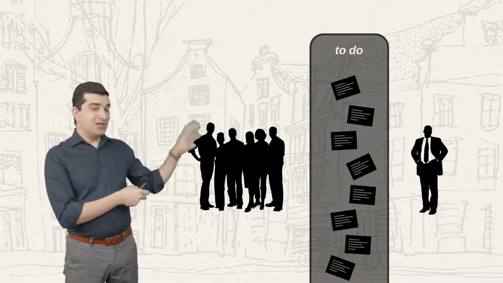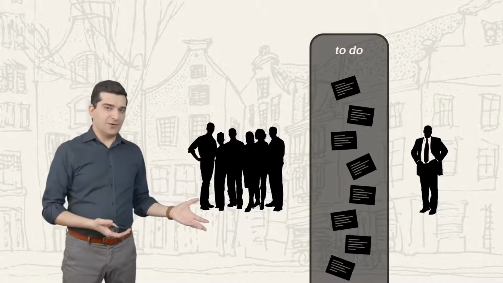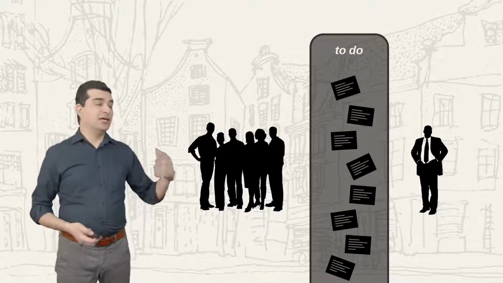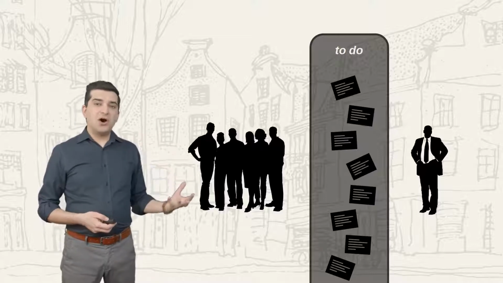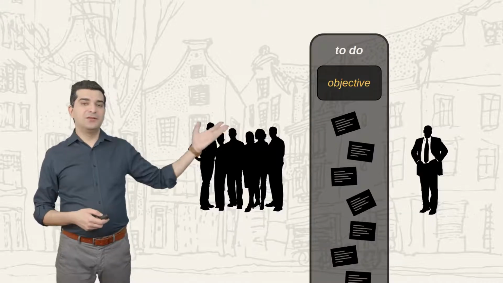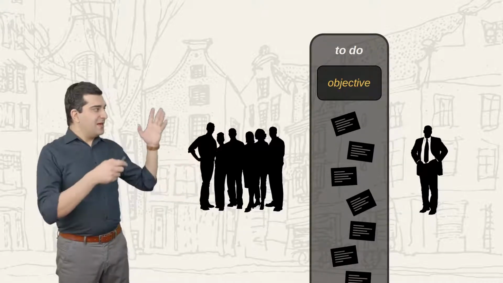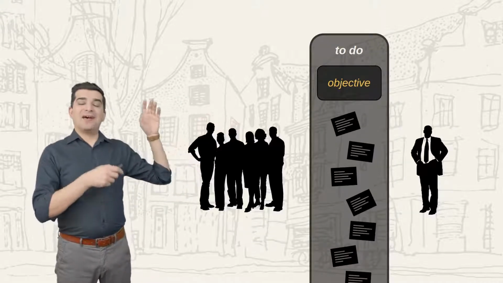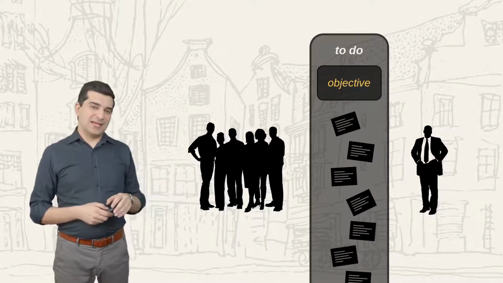Or at least if it is implied, it's not clear enough. So it's a good idea to define that goal and add it to the list. Something there to remind us all the time that that's the objective we have. That's why we are doing all of these things.